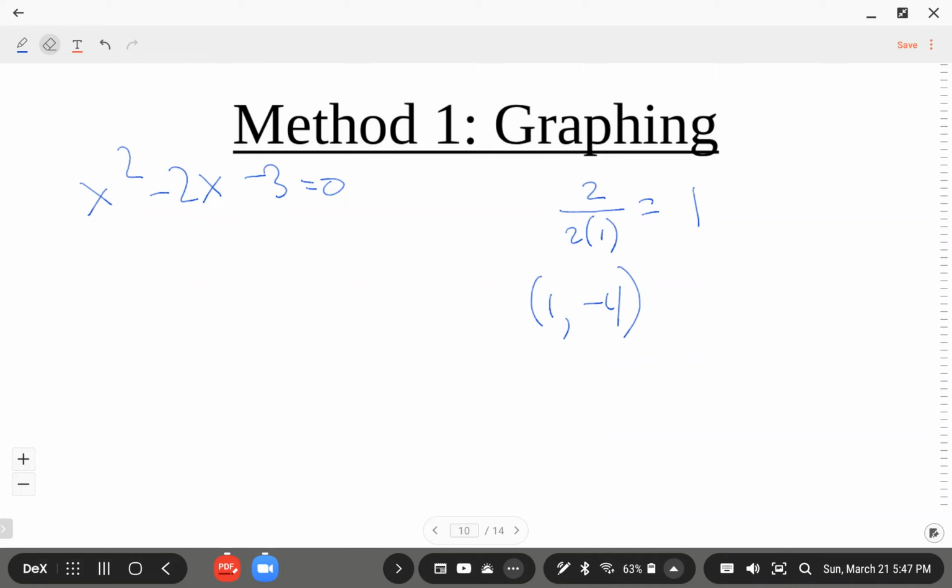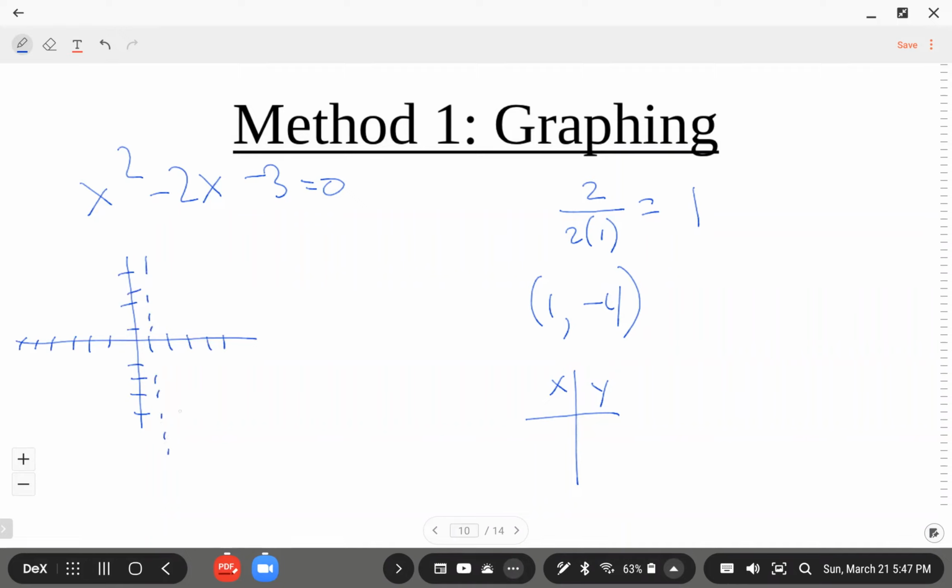Next we have to find 2 other points. Since we already know how to graph, this will be relatively easy. Let me get our coordinate plane ready. Our AOS is 1.